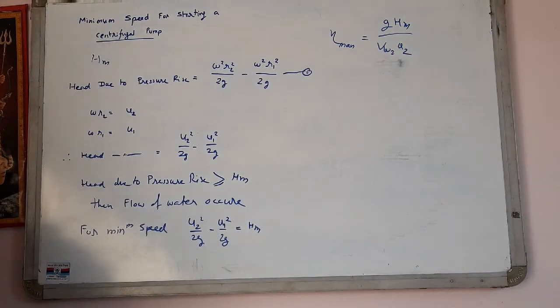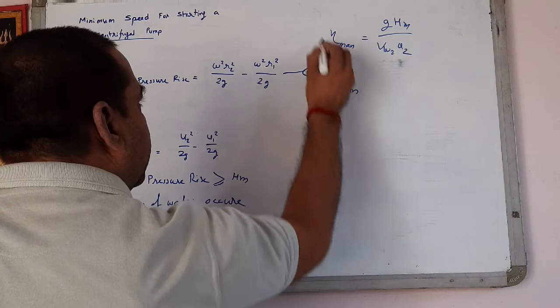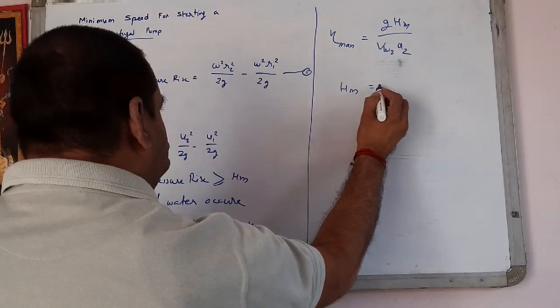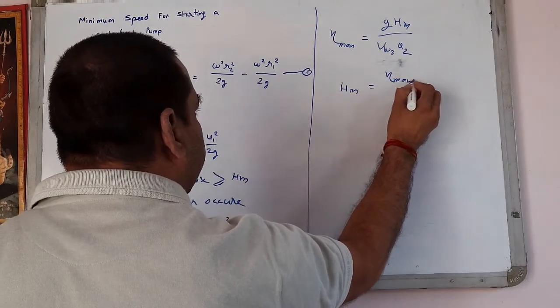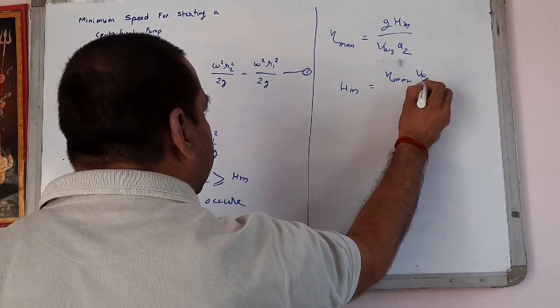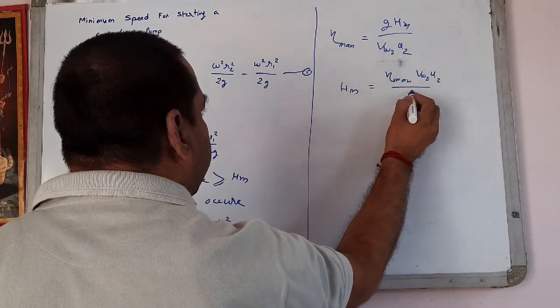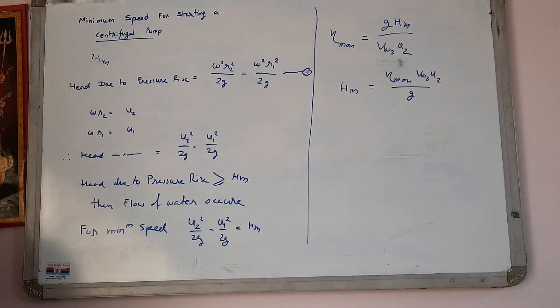Here HM is equal to eta manometric VW2 U2 by G. This is the value of HM.